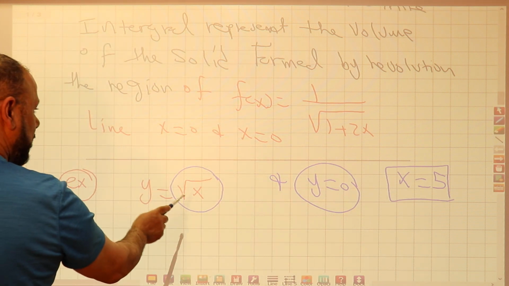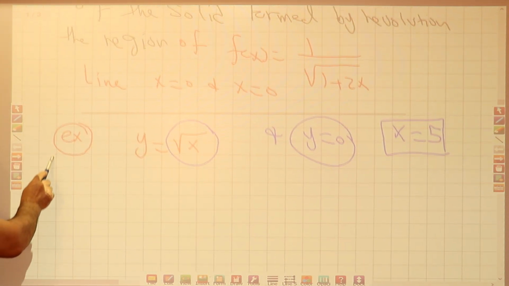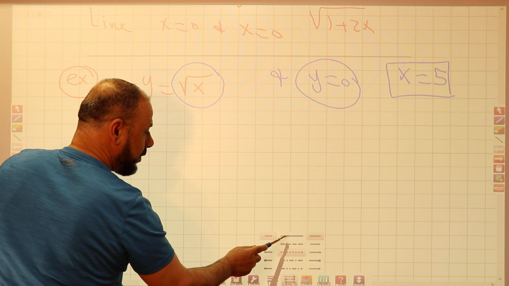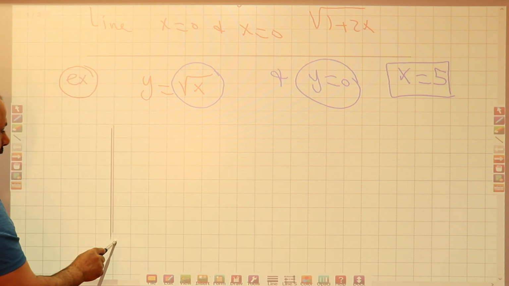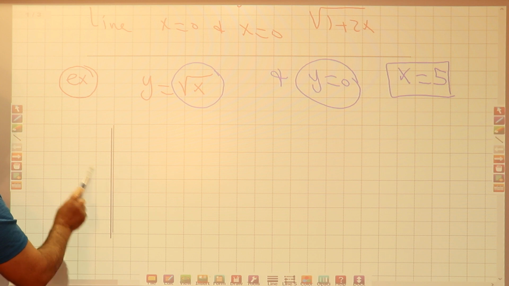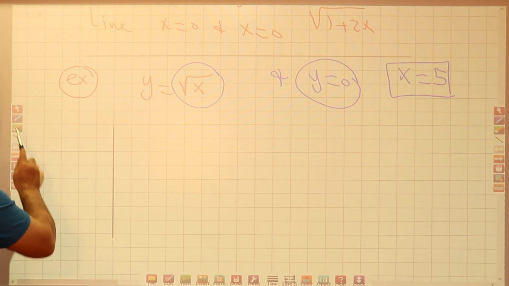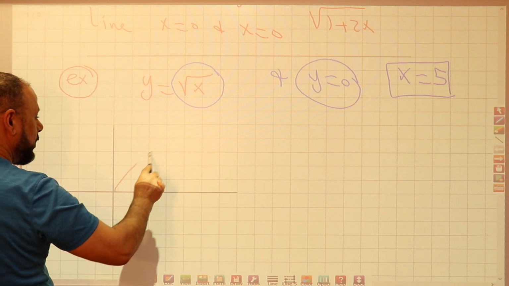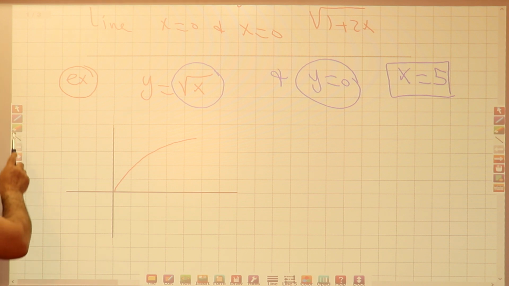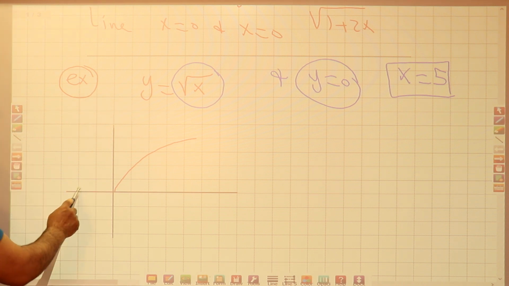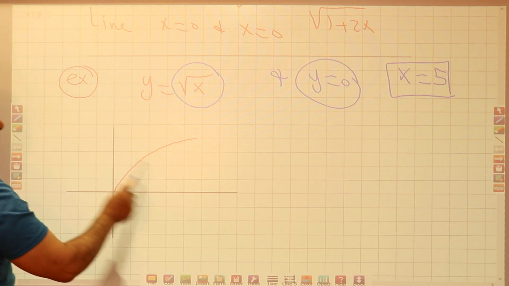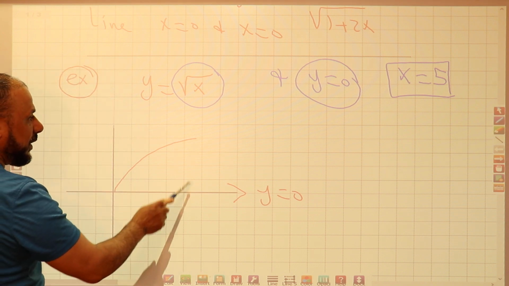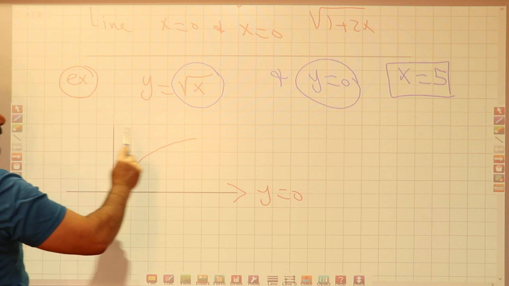Then I need to find the region between this function, square root of x, and y equals 0, which is the x-axis, and x equals 5, 1, 2, 3, 4, 5.